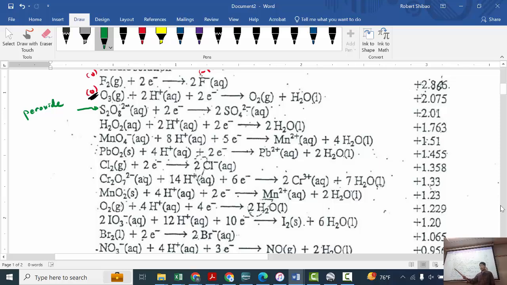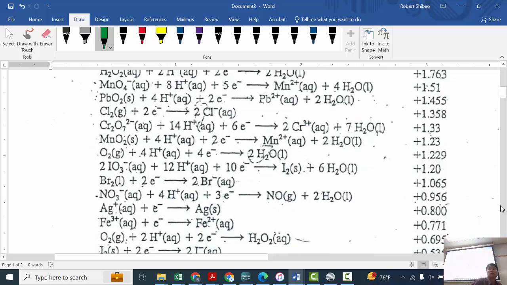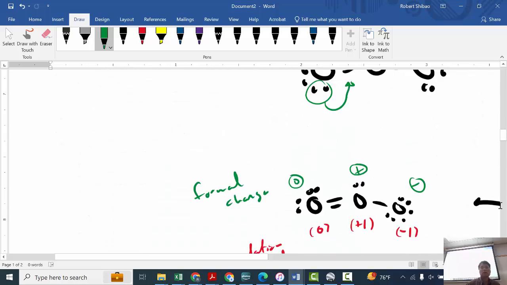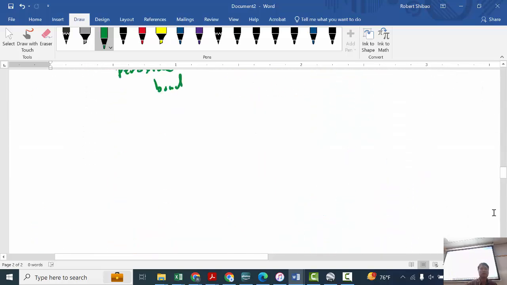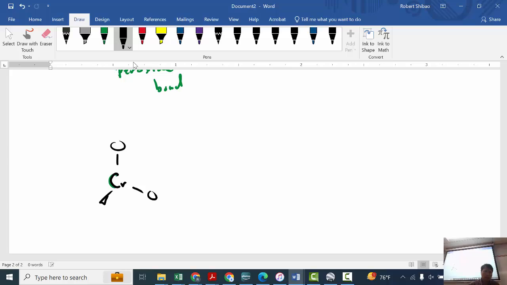What's this one called? Chromate? No, chromate actually looks a little bit different. Do you know chromate is what? CrO4. What's the charge on chromate?